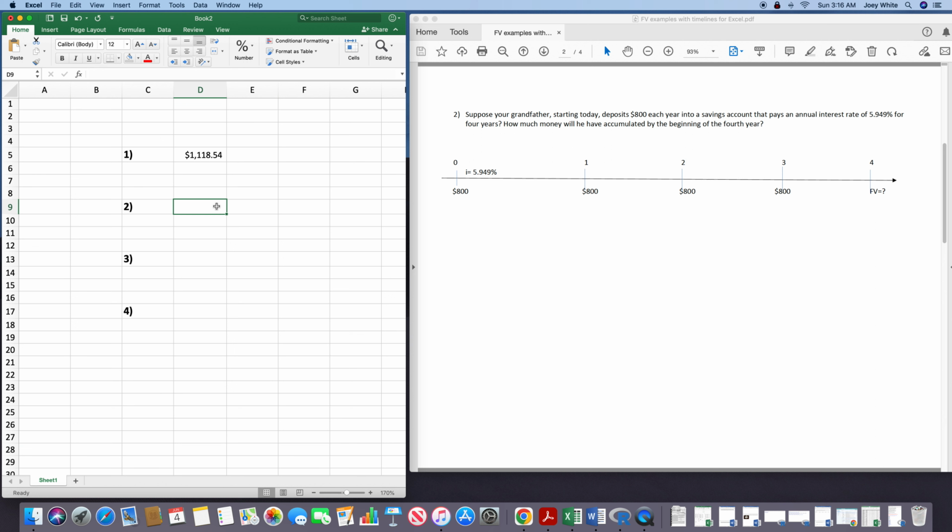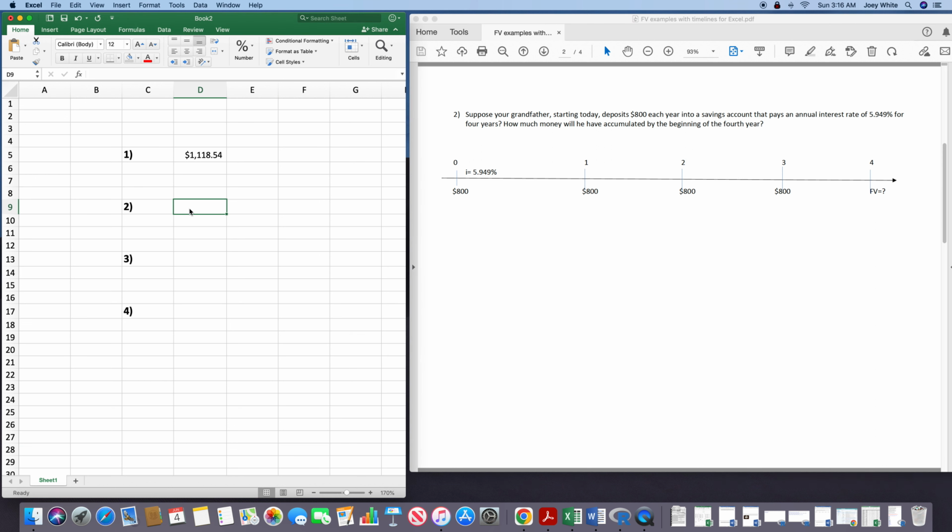Okay, so this, as we can see, is an annuity, and because we're starting today, it's an annuity due, right? And you can see from the timeline, the first payment starts at year 0, not at year 1, right? So we need to find the future value of this annuity due. So he's going to be depositing $800 in this account, earning this interest rate each year on each of those payments. And we want to know how much he'll have by the beginning of the 4th year.